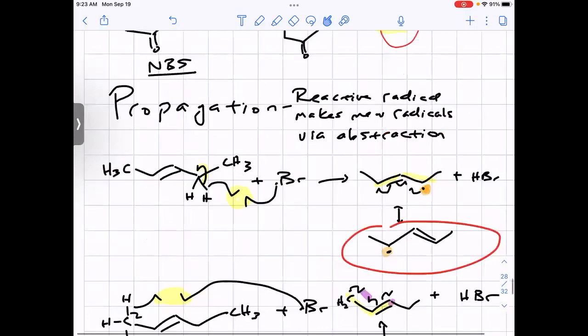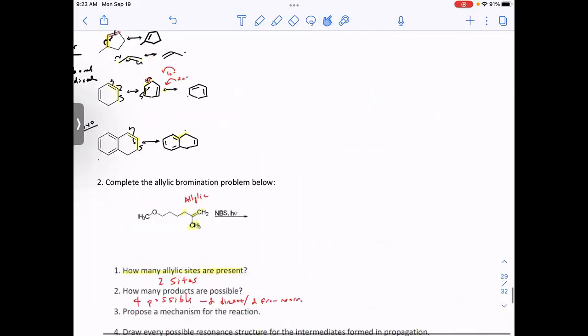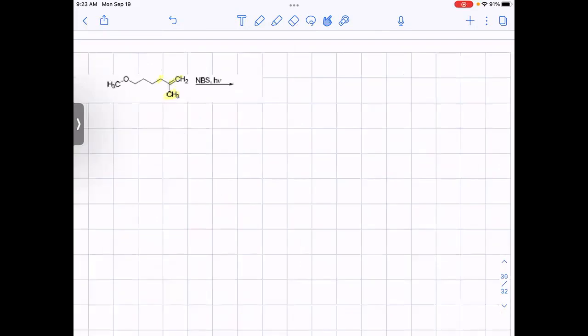All right, let's go back to here. And we're going to start with this mechanism. What's the first step again? In any radical chain reaction, what's the first step in the mechanism? There are three steps, right?